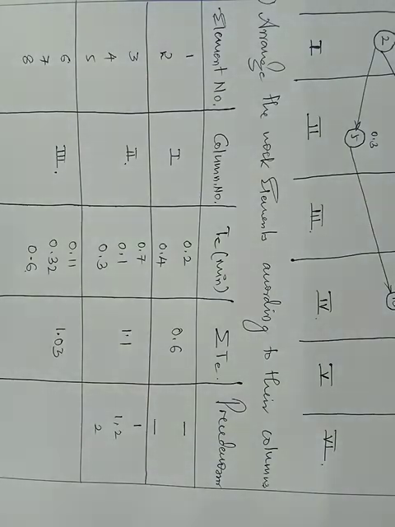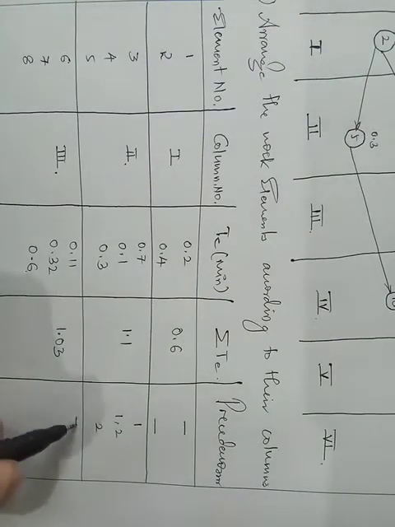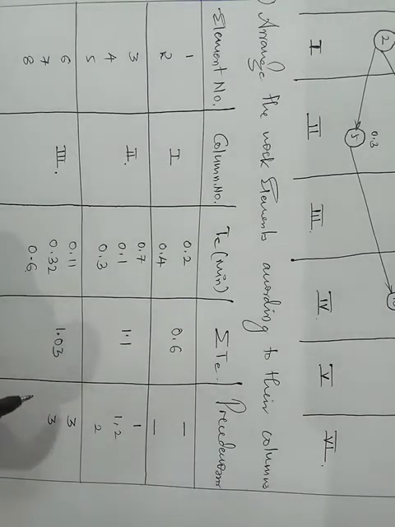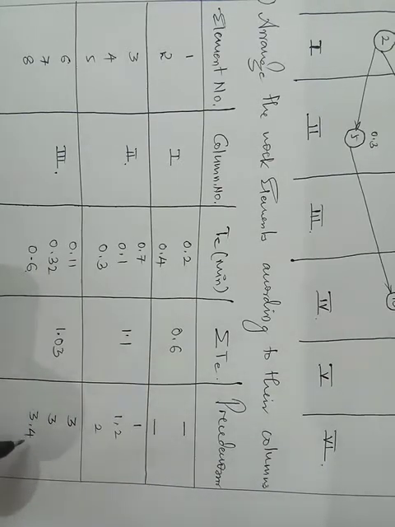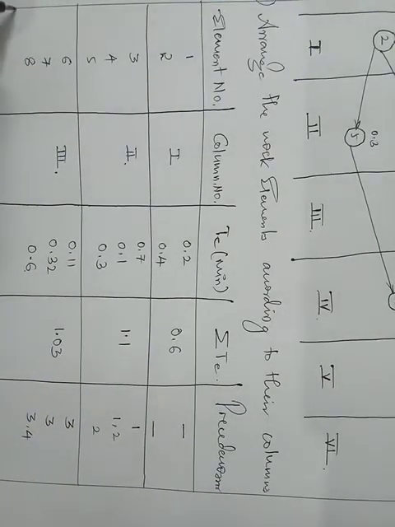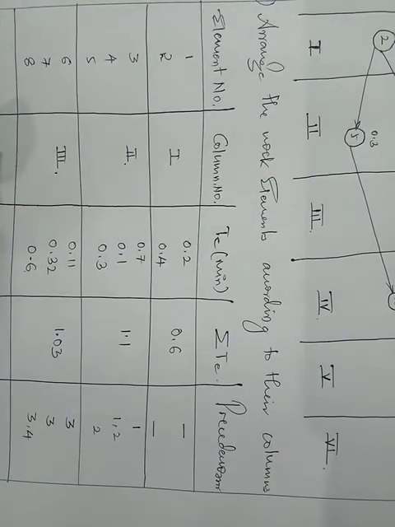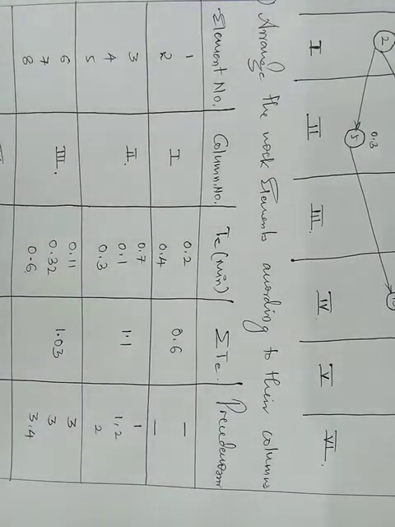Immediate precedences for 6 is 3, for 7 it is 3, and for 8 it is 3, 4. Once you are done with this, please close this, proceed further, go for column 4.